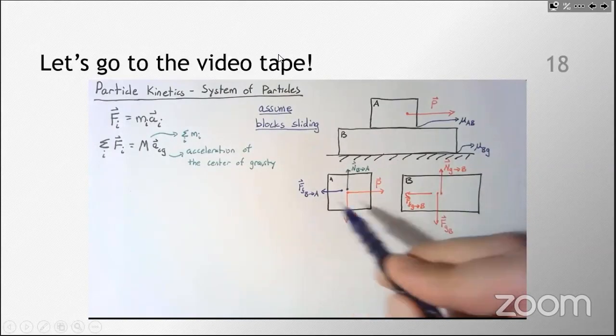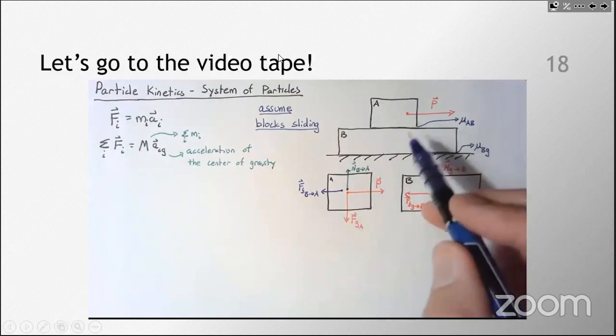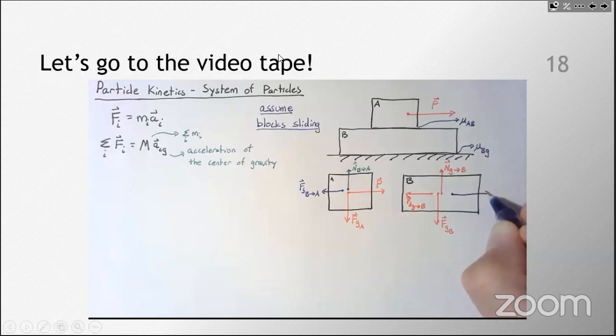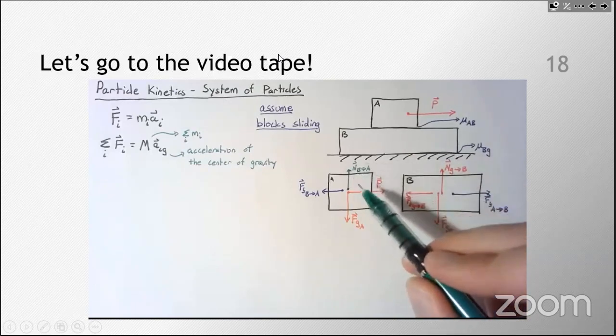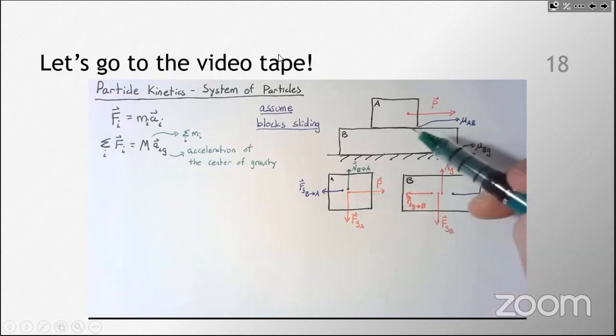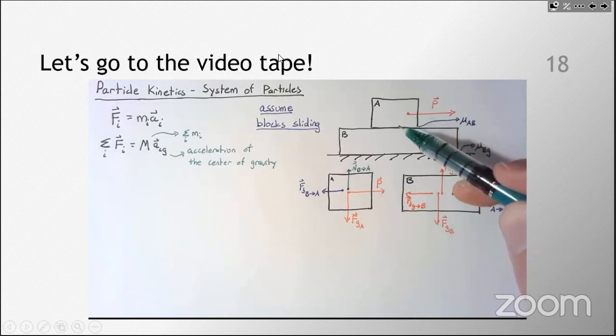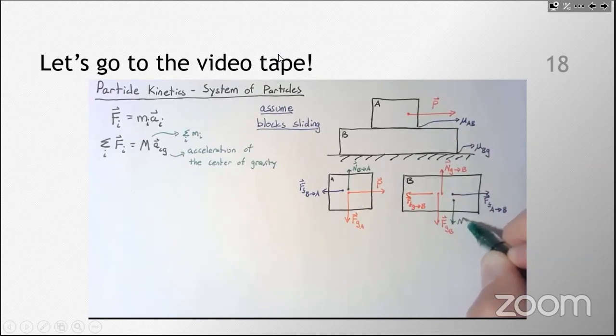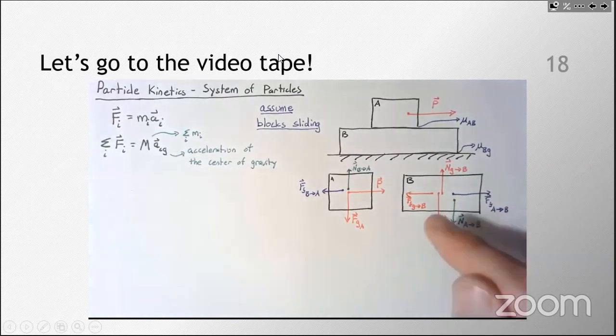This friction force that's pointing to the left on A is going to be pushing to the right on B. And we say that this is the force of friction of A acting on B. The normal force of B pushing up on A is going to cause some force pushing down on B. So we're going to have the normal force of A acting on B. Everything is nicely divided in i and j here. We don't have anything that we need to split.